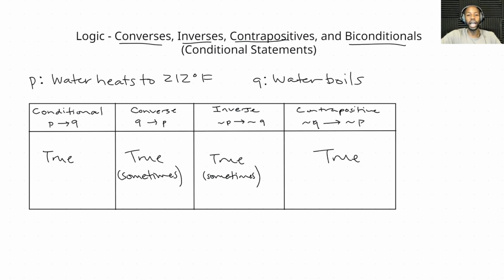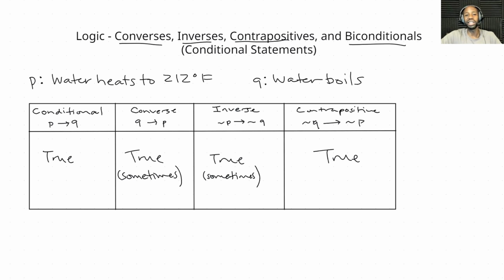If water does not boil, that means if it never gets to boiling, then it never heats to 212 degrees Fahrenheit. The contrapositive ends up being always the same as the conditional. Whereas the converse and the inverse sometimes can be the same as the conditional as far as the truth value, but then sometimes not.